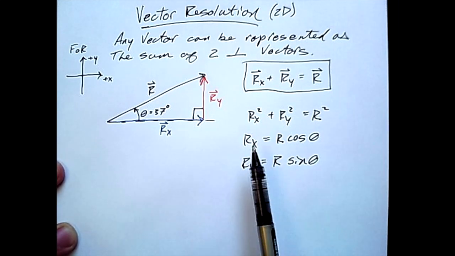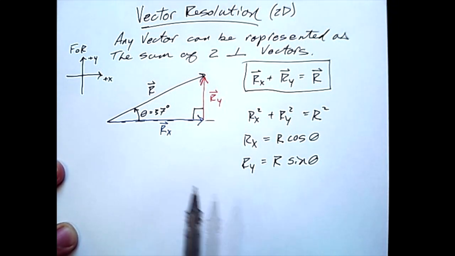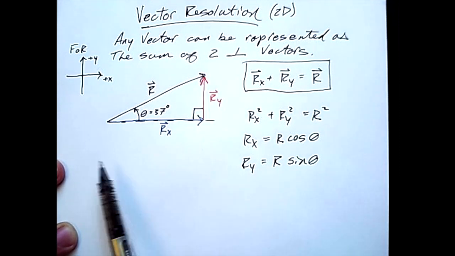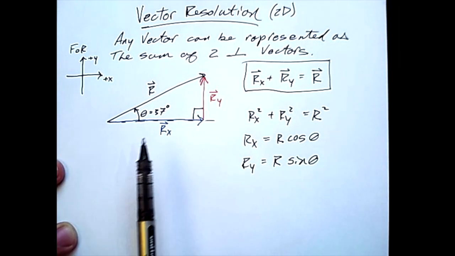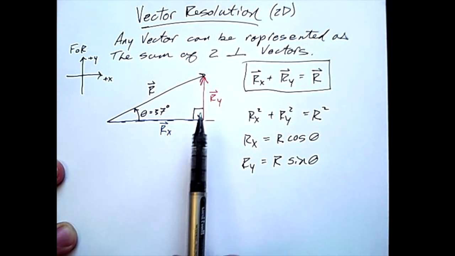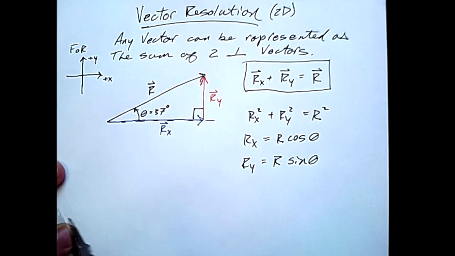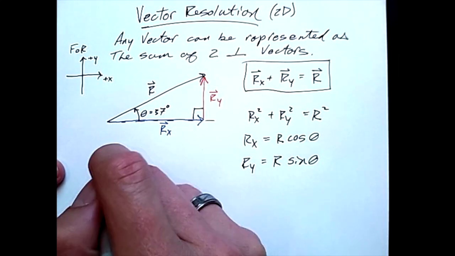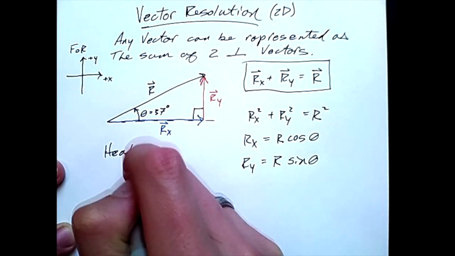Again, these are magnitude formulas that simply allow us to find the lengths of the sides of the triangles, and then we use our frame of reference to decide whether each is positive or negative. And of course, it all stems from a technique that is being demonstrated here, called head-to-tail addition.